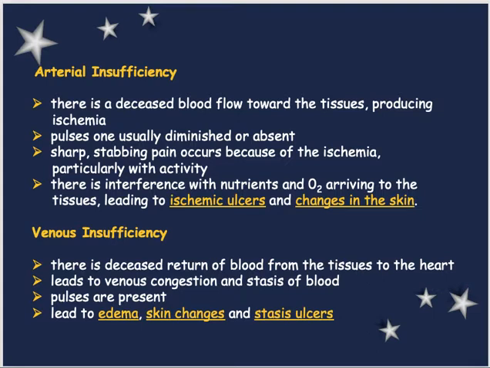Now, whenever any tissue is not getting enough blood supply, or enough oxygen supply, that will lead to ischemia. On the other hand, when some tissue is getting enough blood supply, but the drainage is blocked or not proper, the blood will start accumulating in that area, and it will lead to congestion.